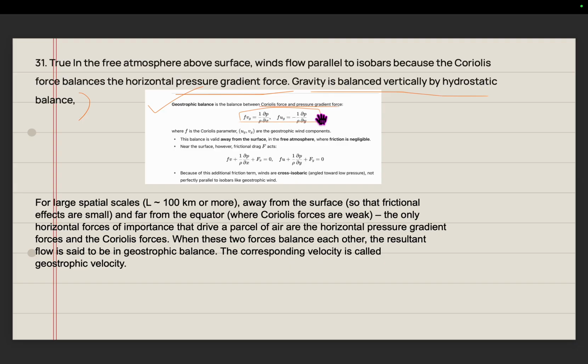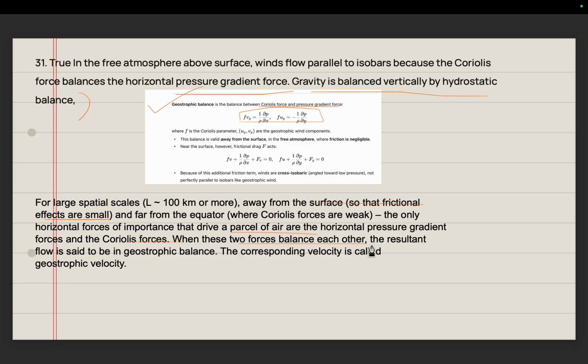This can be written as f vg equals 1 by rho into del p del x, and f ug equals minus 1 by rho del p del y. Here, for large spatial scales away from the surface, the frictional force effect is small, and far from the equator where the Coriolis force is weak because sine phi is small, the only horizontal forces of importance that drive the parcel of air are the horizontal pressure gradient force and the Coriolis force.